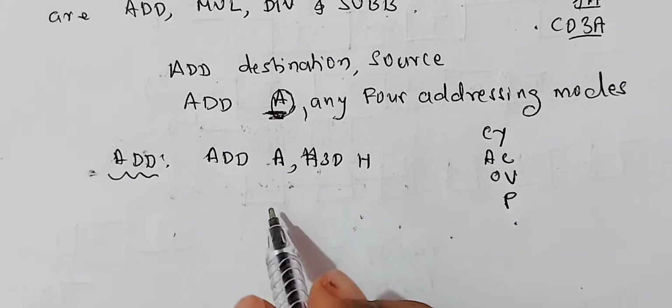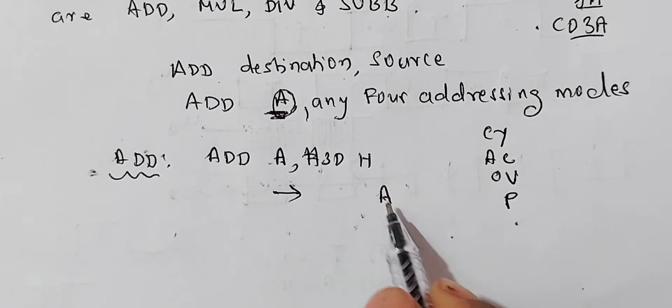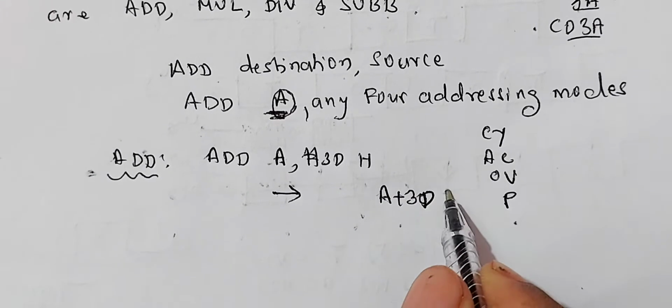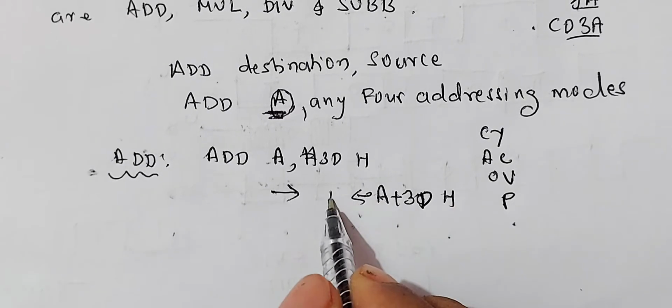Therefore, this implies content of A plus number 3DH, and this result is always stored in A only.